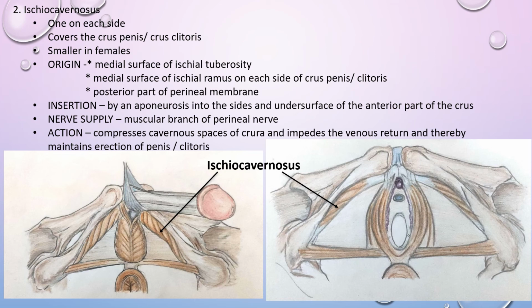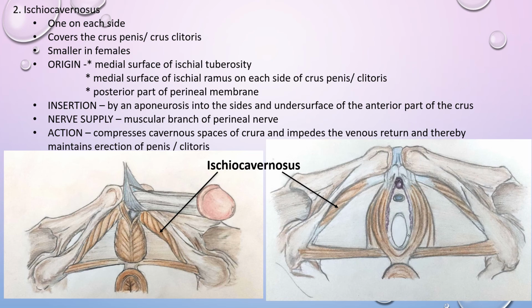If we take up the origin of this muscle, it arises from the medial surface of the ischial tuberosity. Also from the medial surface of the ischial ramus on each side of the crus penis or clitoris. Some of the fibers also originate from the posterior part of the perineal membrane.